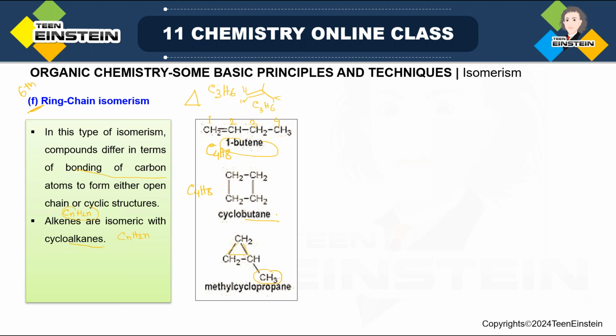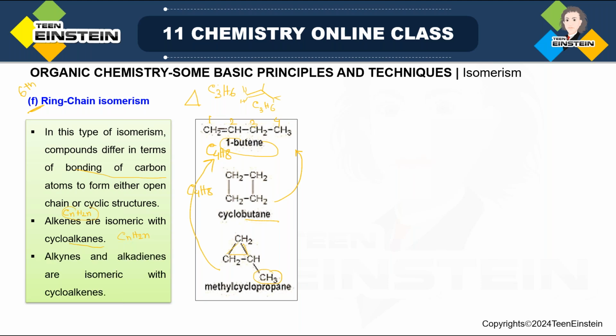So here cyclobutane is the ring chain isomer of 1-butene. Cyclobutane and cyclopropane cannot be ring chain isomers of each other because both are rings. And this third structure is also a ring chain isomer of 1-butene.